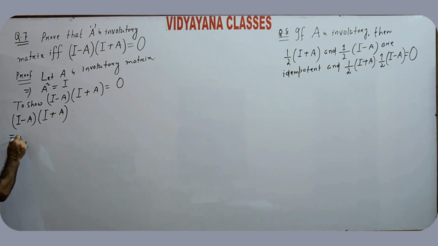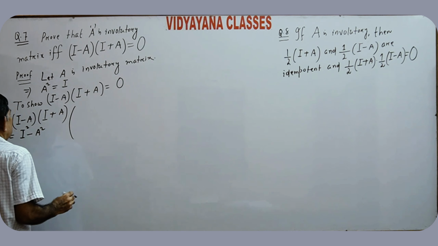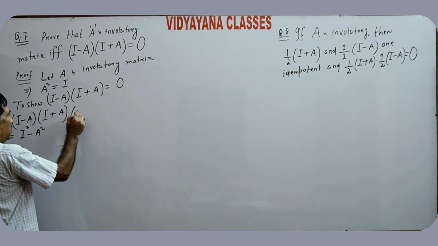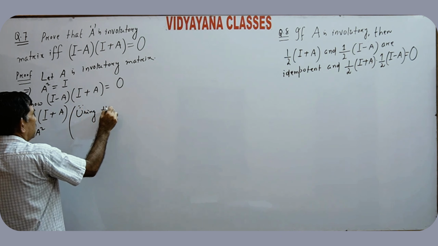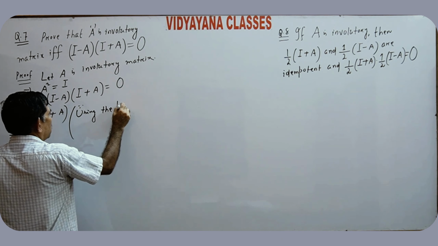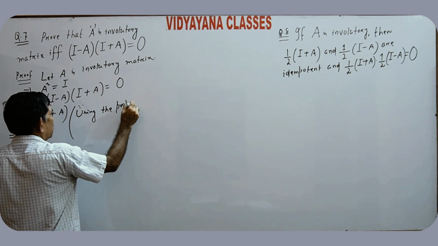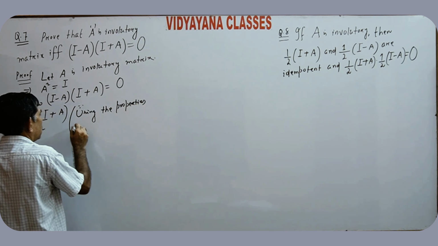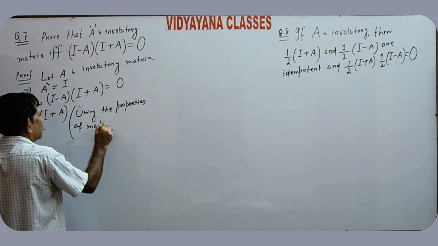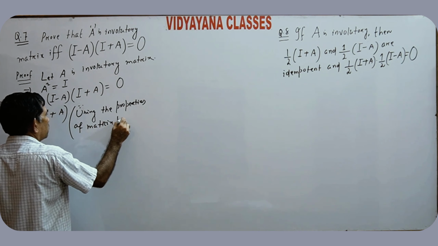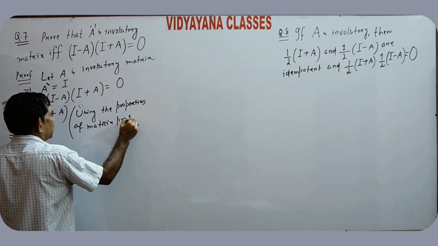It gives I square minus A square, using the properties of matrix product.